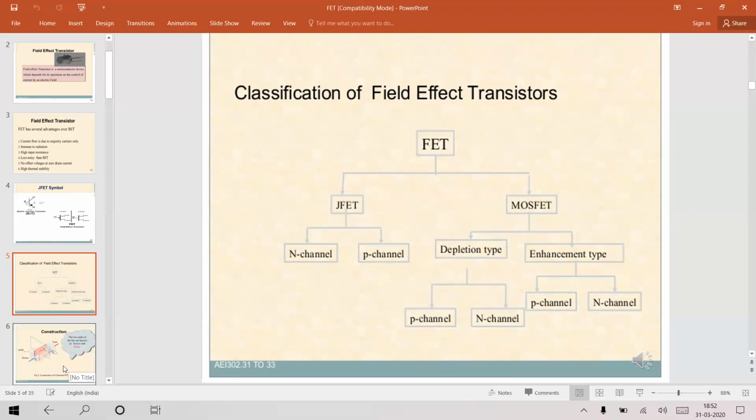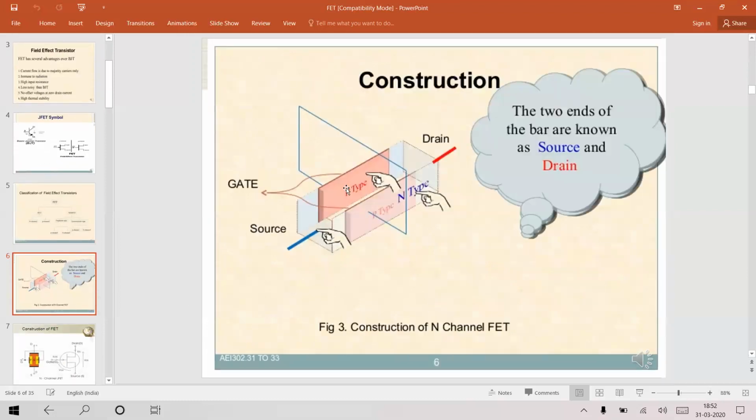To begin with, for constructional details, this is the construction of an N-channel FET. This is how it looks in the construction diagram. You have a source sitting at one side and drain at the other. The charge carriers start flowing from this end and reach the drain. This is the path for the current flow through which charge carriers flow.